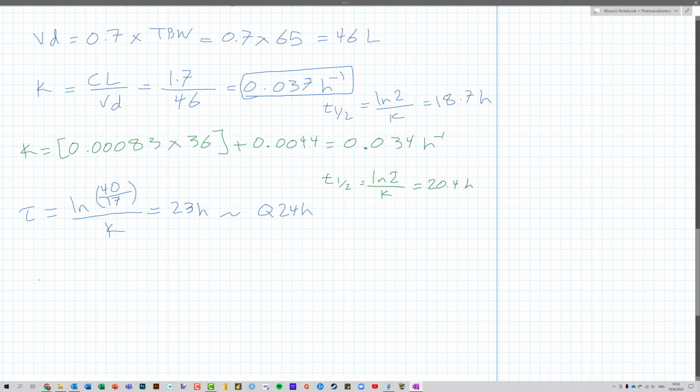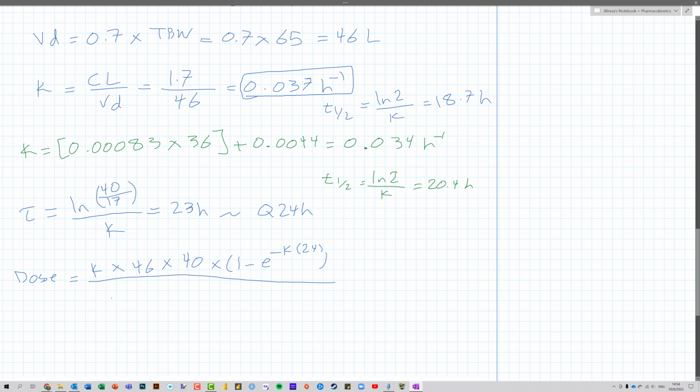Next, we're going to calculate the dose based on this. The dose would be your K times volume of distribution, which is 46, times the goal peak, which is 40, times 1 minus e to the negative K times tau, which is 24 hours in this case.